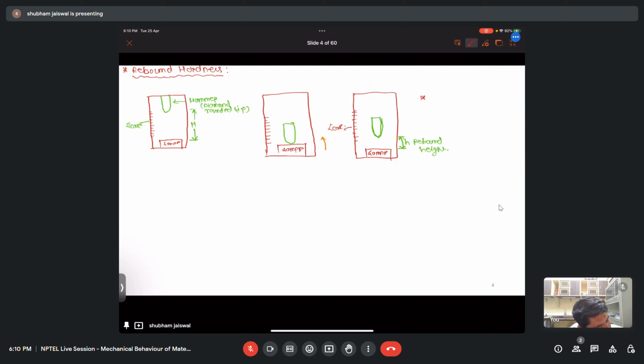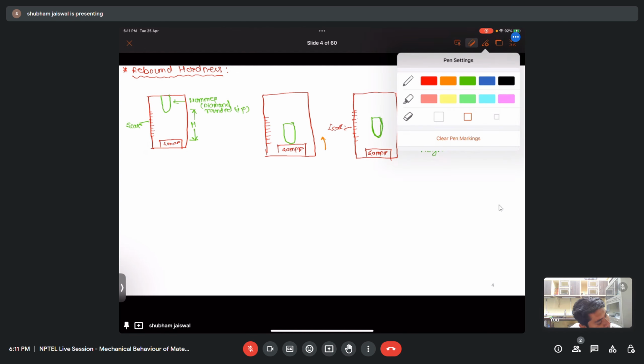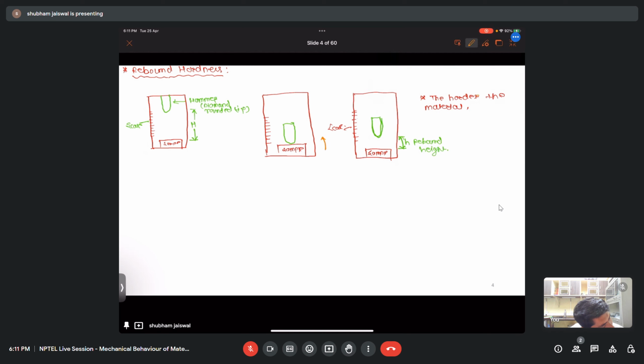So the harder the material, the higher will be the rebound.